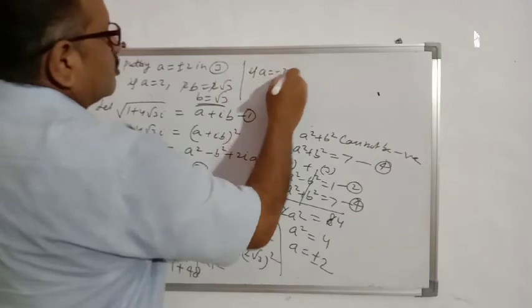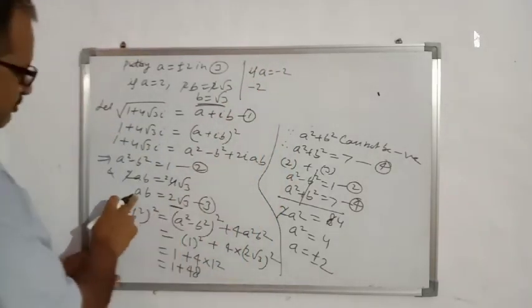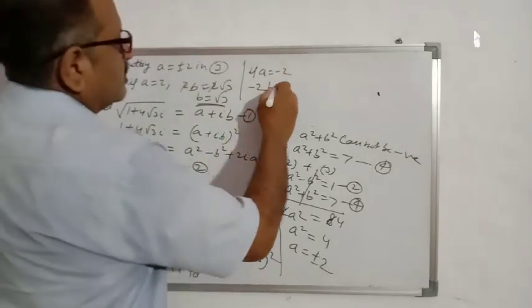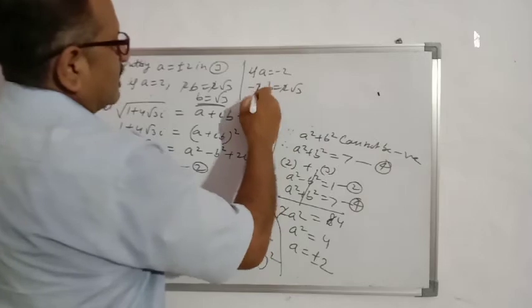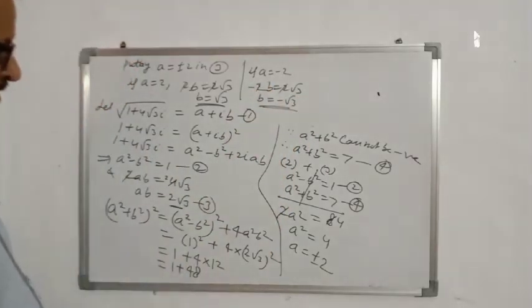If a is equal to minus 2, then minus 2b is equal to 2 root 3, the 2 cancels, so b will be minus root 3.